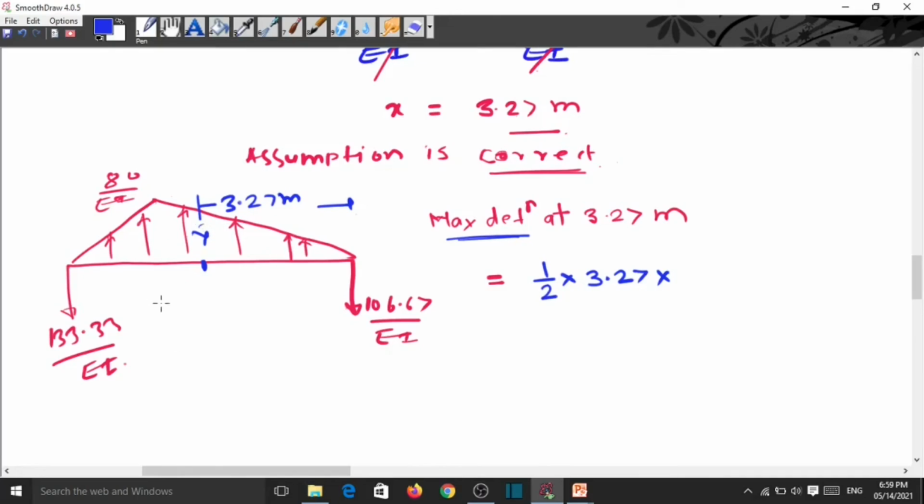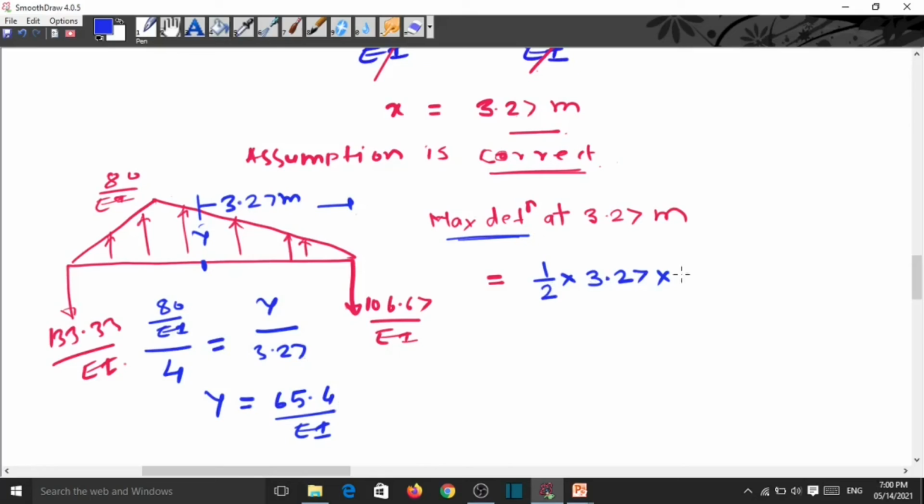So 80 by EI divided by 4 is equal to y divided by 3.27. So this y becomes 65.4 divided by EI.